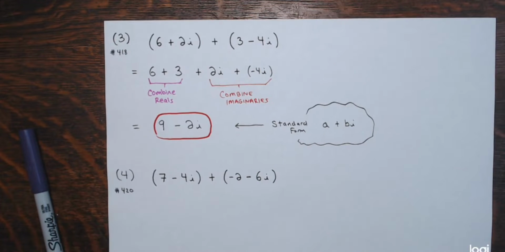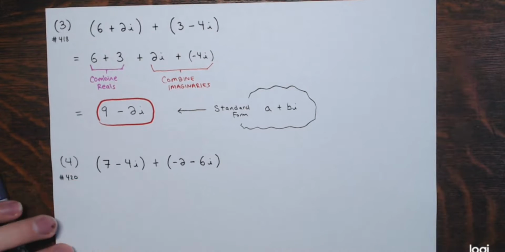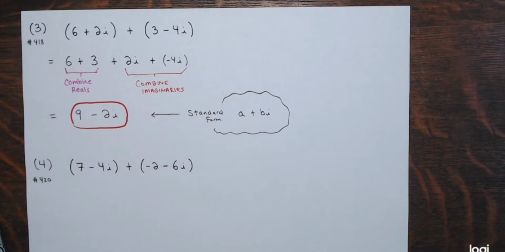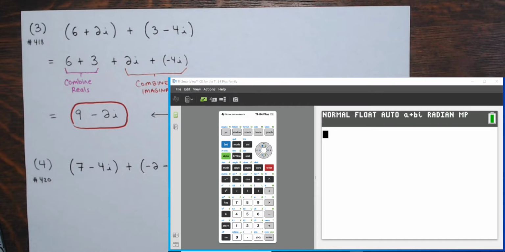All right, and then once again, just to show you where things are on my TI-84 calculator, if you happen to have one, or a TI-83, very similar. Pull the calculator up. I'm going to enter the original expression the way it was. So you had the quantity 6 plus 2i, and the imaginary unit i is above the decimal point. You have to hit the second button. There's i.